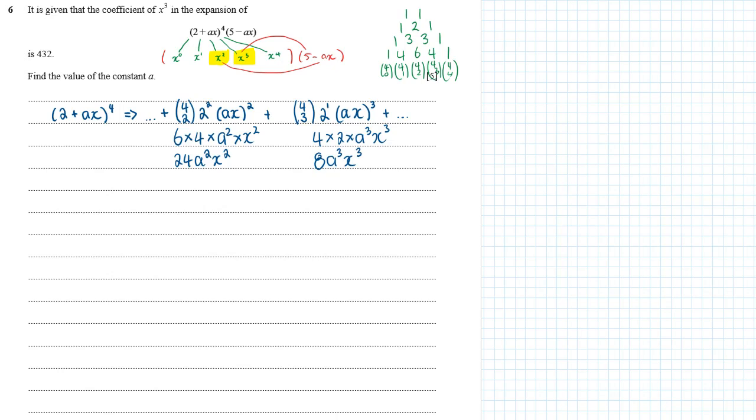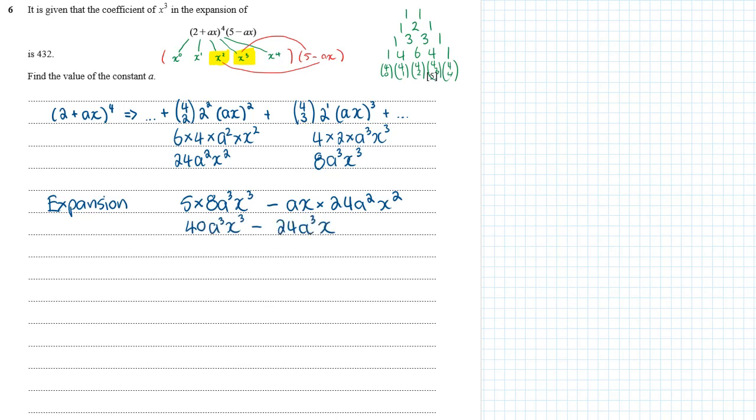Now these are the two terms from the first expansion that we know get multiplied by the other brackets to make the x cubed terms. And how do we do that? Well, it's 5 times the 8a cubed x cubed. That will make an x cubed term. And it's negative ax times the 24a squared x squared, because that also makes an x cubed term.